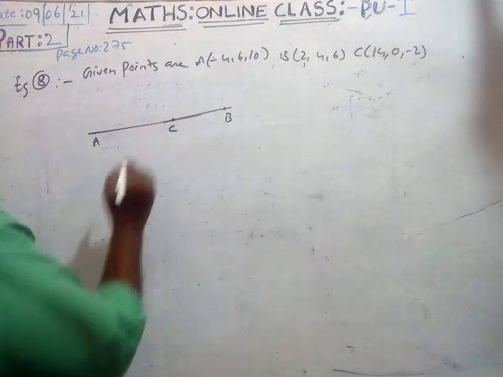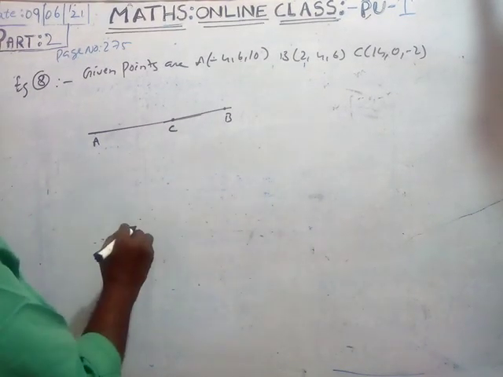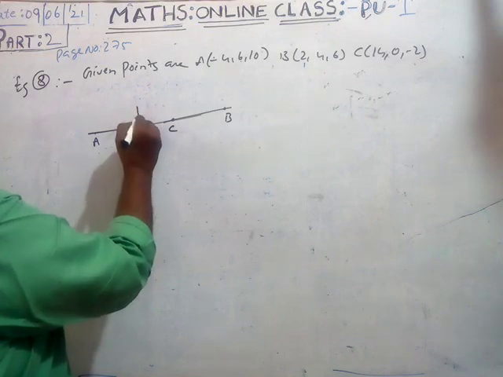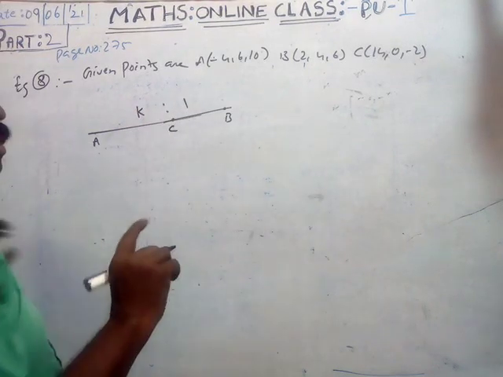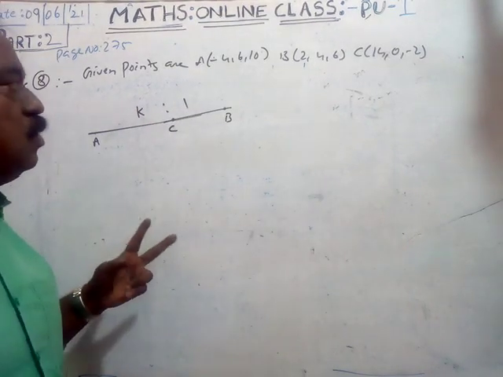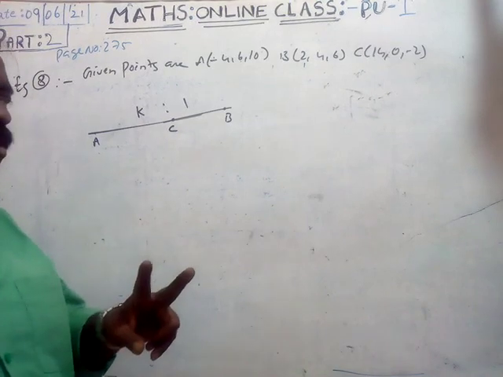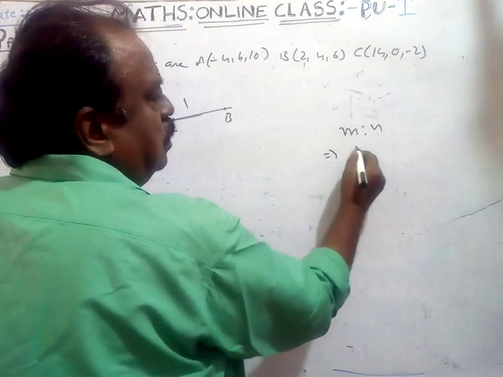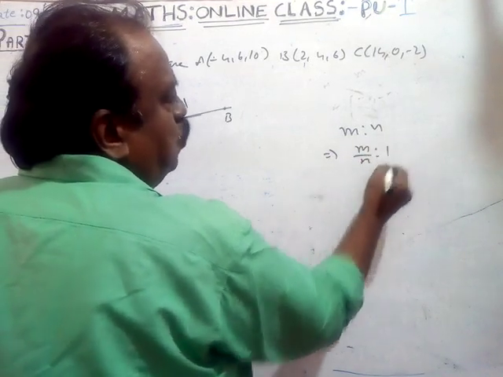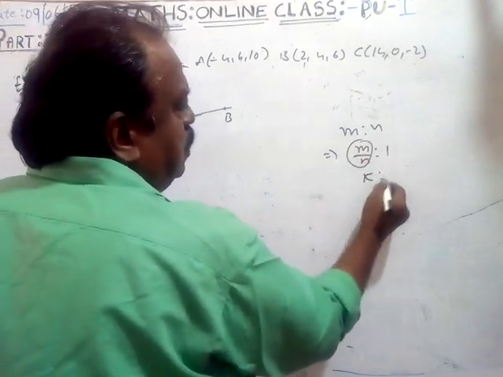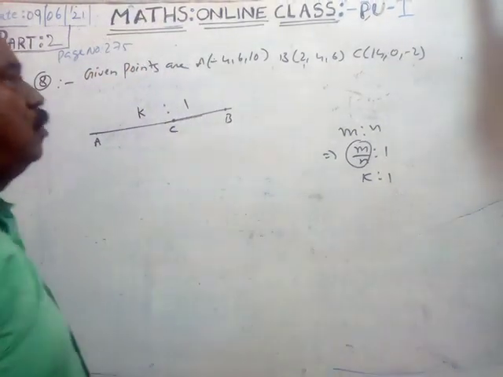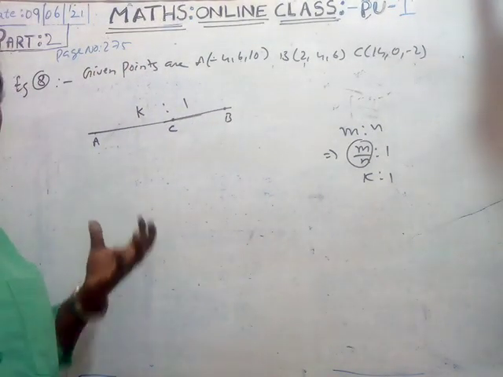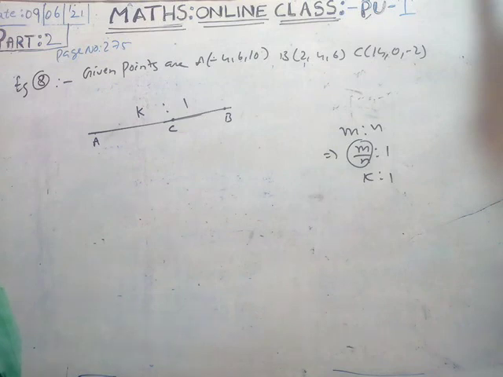Say it is a point C. Let it be K is to 1, not M is to N. M is to N means there are 2 variables. M is to N means M by N is to 1. This M by N will be K. So, we are reducing it into a single variable.